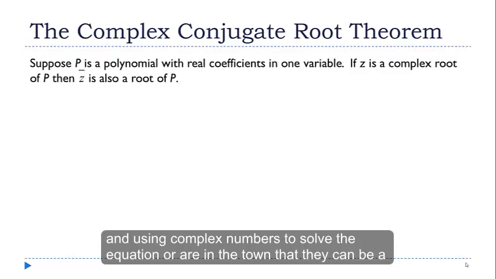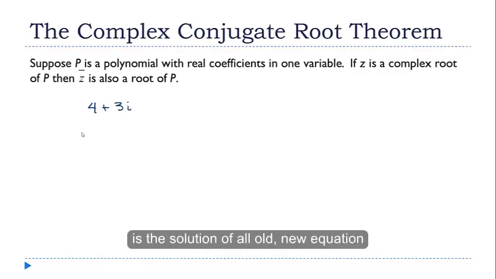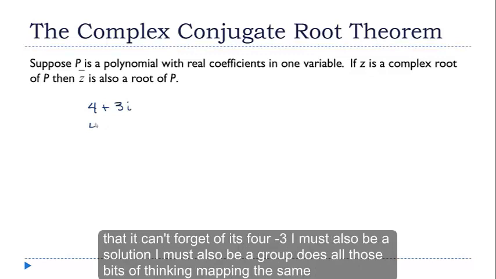The idea here is if z is a complex root, for example, if 4 plus 3i is the solution of a polynomial equation, then the conjugate of this, 4 minus 3i, must also be a solution. All right, must also be a root.